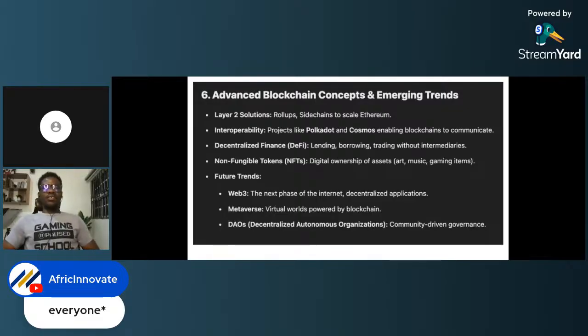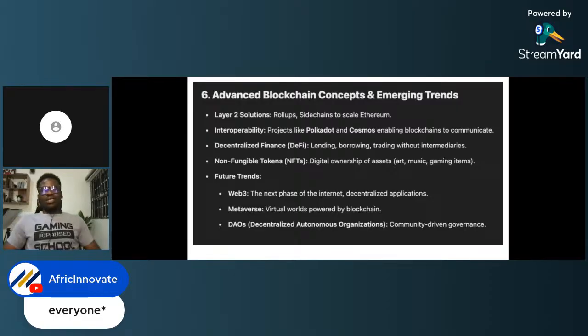Non-fungible tokens, NFTs. As at last 2 years, everyone was agog with NFTs. NFT means that part of the blockchain that cannot be divided. Once you have Bitcoin, Bitcoin will have several units of satoshi.